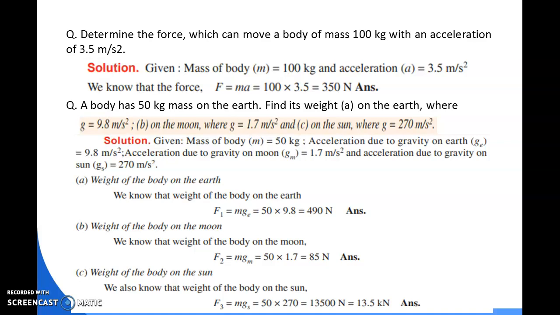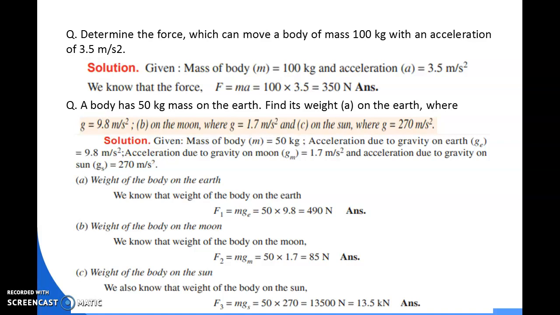Hence F1 equals m into g_E. Mass of the body is 50 and acceleration due to gravity for earth is 9.8. Hence the weight of the body is 490 Newton.